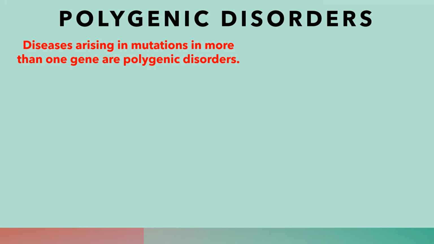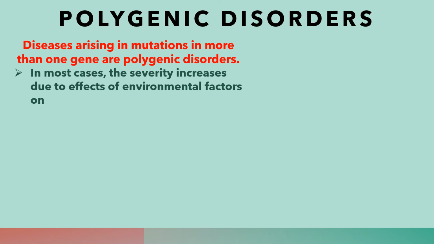The fourth type of genetic disorder, called polygenic disorder. Now, diseases which have mutations in more than one gene are called polygenic disorders. In most cases, the severity of these polygenic disorders increases due to environmental factors on the fetus. So not only do we inherit the mutated genes, but after some time this disease will become more and more severe because of the surrounding or the environmental factors.